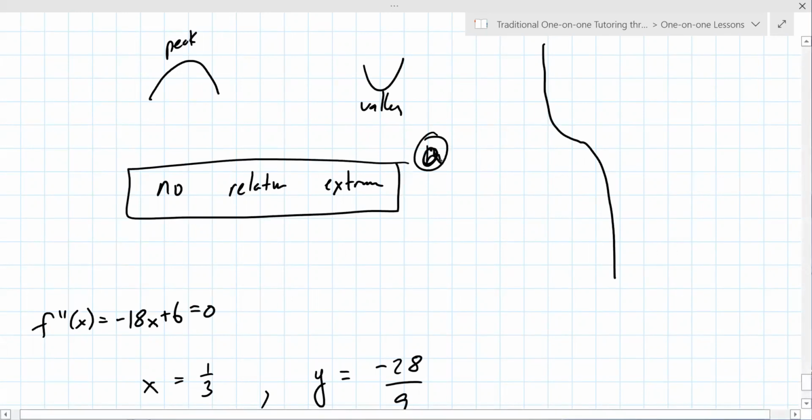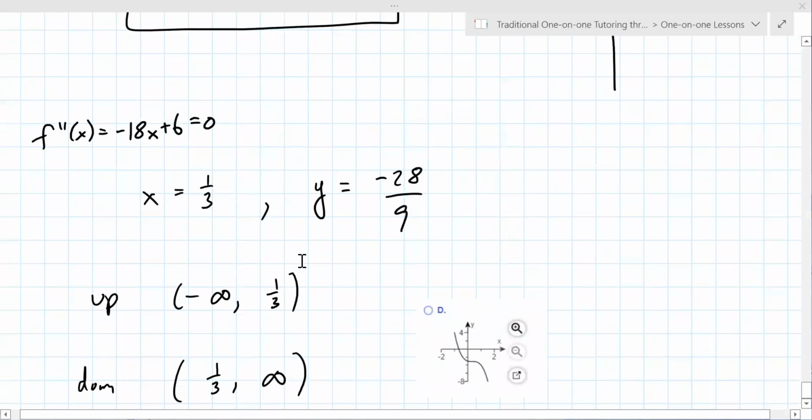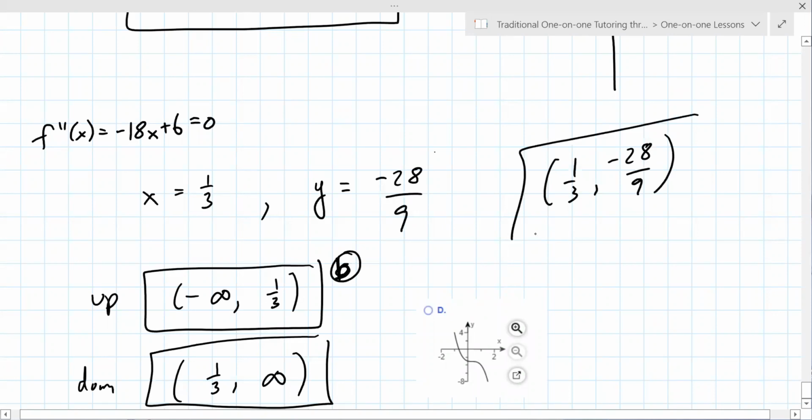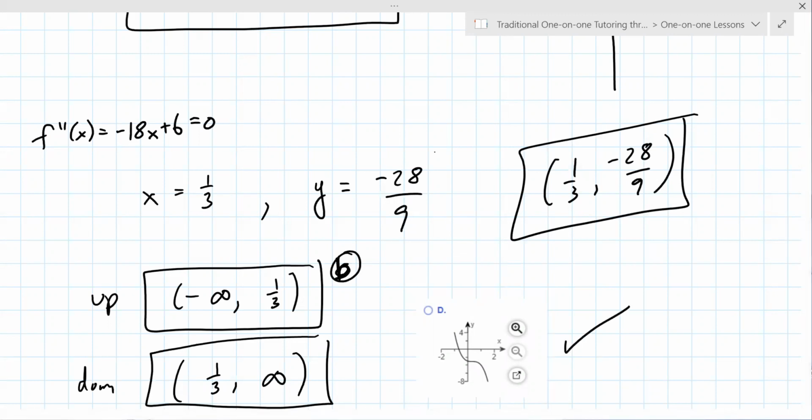Part B is answer C, negative infinity to 1/3 and 1/3 to infinity. The second part of that is answer A, 1/3 comma negative 28/9. And then part C is answer D.